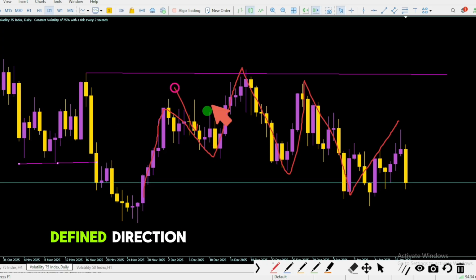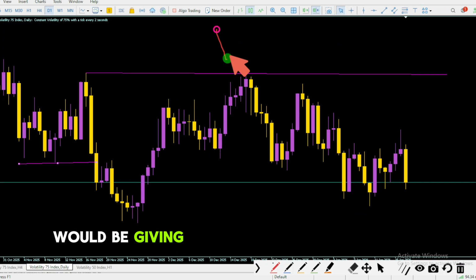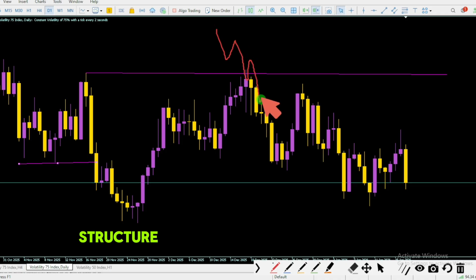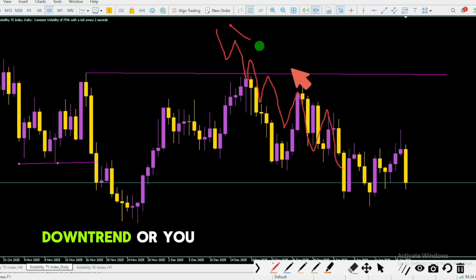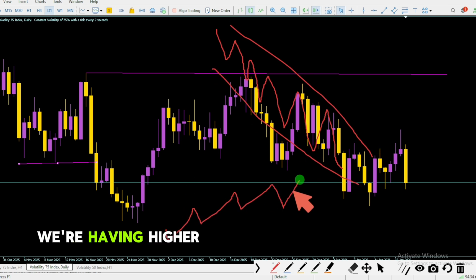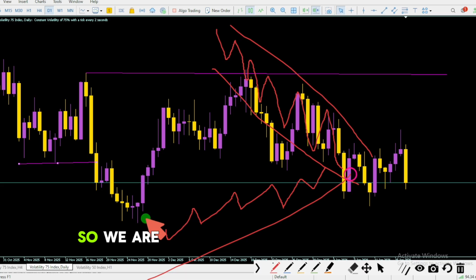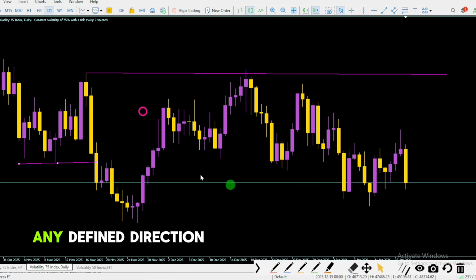A market that is in a defined direction would give you a clear structure, so the moment you look at it, you can tell, okay, this is a downtrend. Or you can say, okay, we're having higher lows and higher highs, so we are in an uptrend. But right now we don't have any defined direction. But generally, because it was moving downwards, we are basically still in a downtrend on the daily time frame.